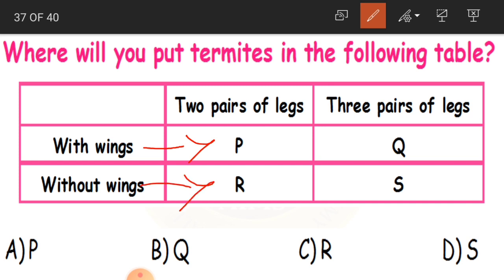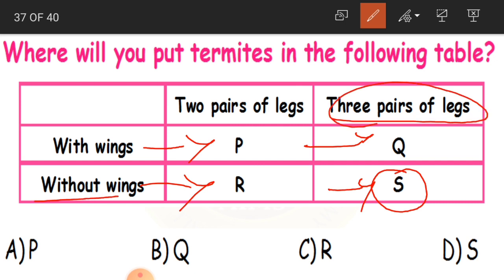Two pairs of legs with wings becomes P, three pairs of legs with wings becomes Q. Two pairs of legs without wings becomes R, and three pairs of legs without wings becomes S. Termites have three pairs of legs and no wings.